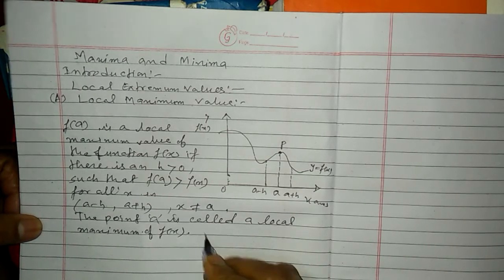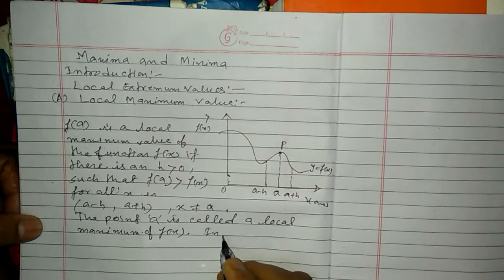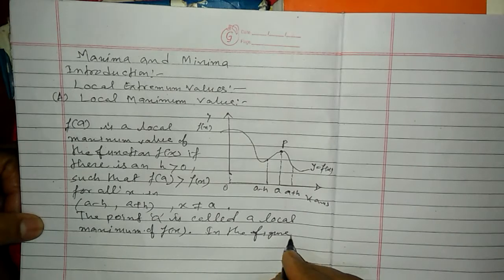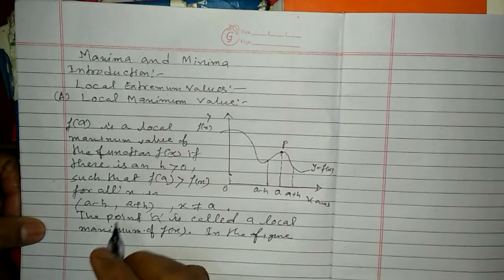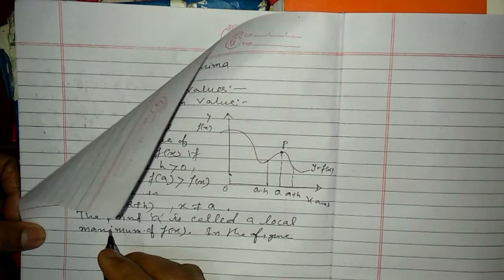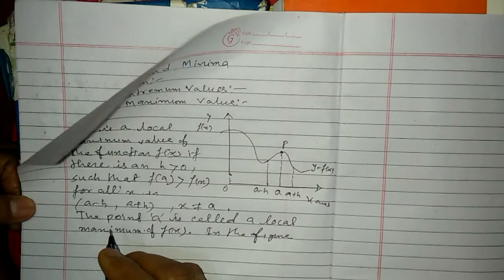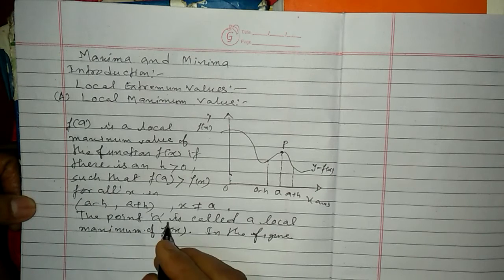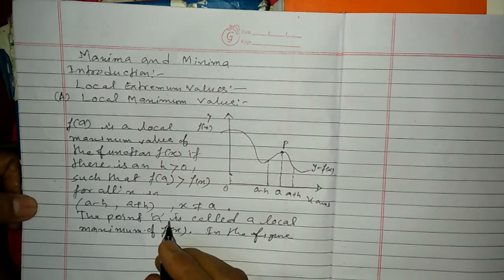In the figure, a is called a local maximum of f of x, and P is a local maxima point, and f of a is a local maximum value of f of x.